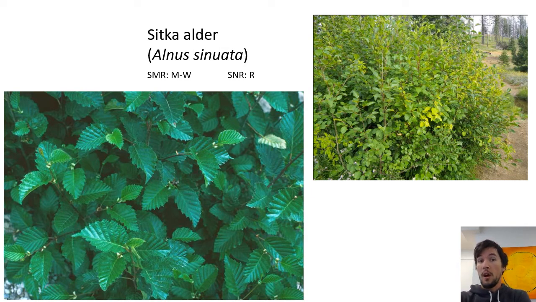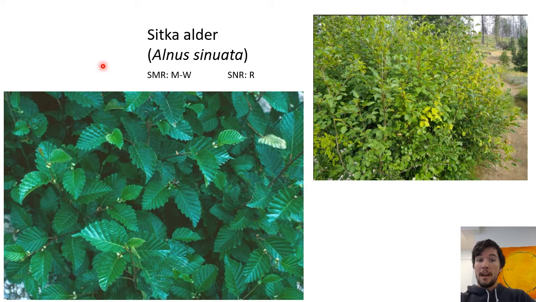If you stick with this genus here, Alnus, the alders, if you continue with your forestry education, or if you start to work as a forester, you're gonna, in British Columbia and the Pacific Northwest, get to know this genus really well, because the alders are some of the most important deciduous trees in the Pacific Northwest.